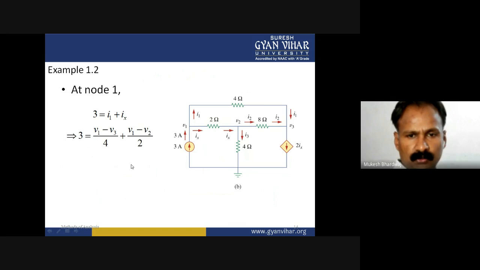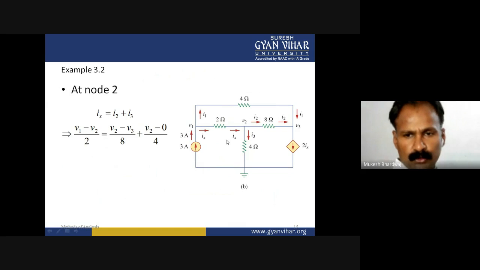So at node 1 we write one equation. At node 2, Ix is equal to I2 plus I3. So Ix, V1 minus V2 by 2, is equal to I2, V2 minus V3 by 8, plus I3, V2 minus 0 by 4. So this is another equation for node 2.